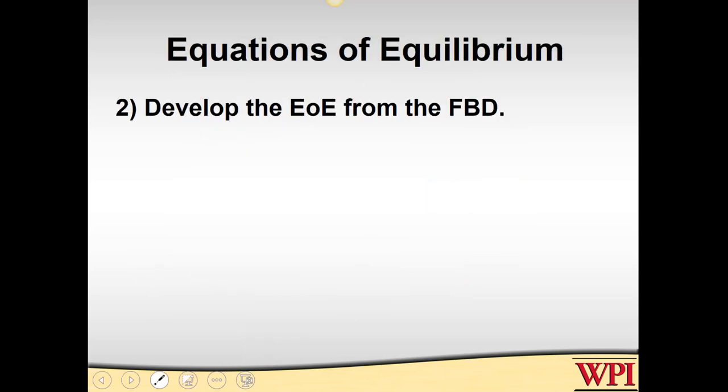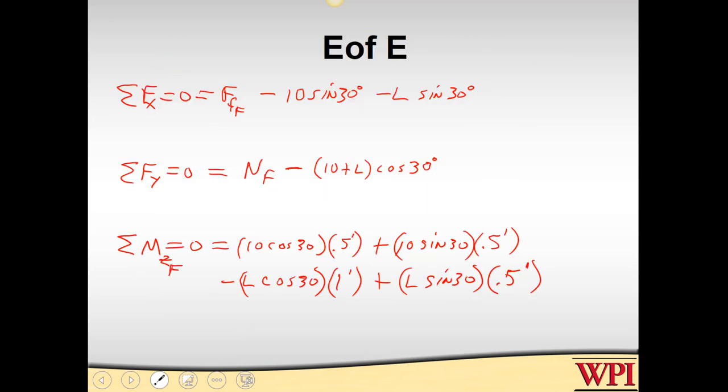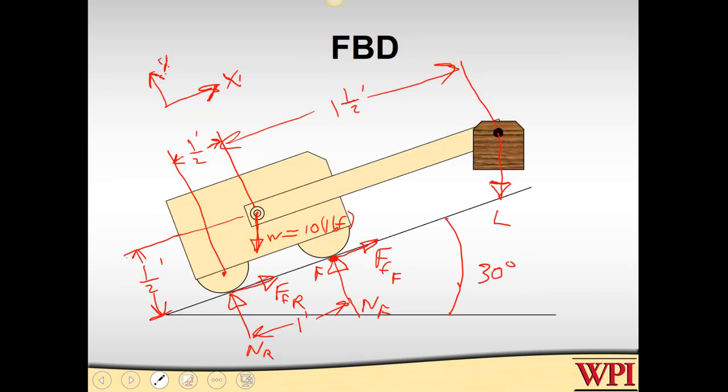So if we look at our equations here, we had minus L cosine 30 times 1, then we had plus L sine 30 times 0.5. And then these other two are the weight, and they're both positive. So in other words, the weight's component in this direction is W cosine theta.